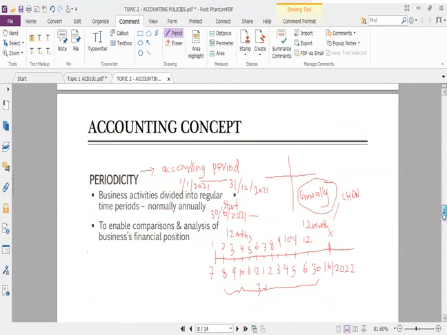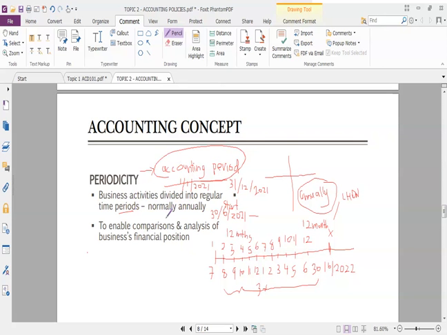How about the periodicity? For the business, we must record the accounting concept based on the periodicity, or we call it the accounting period. Business activities are divided into regular time periods.